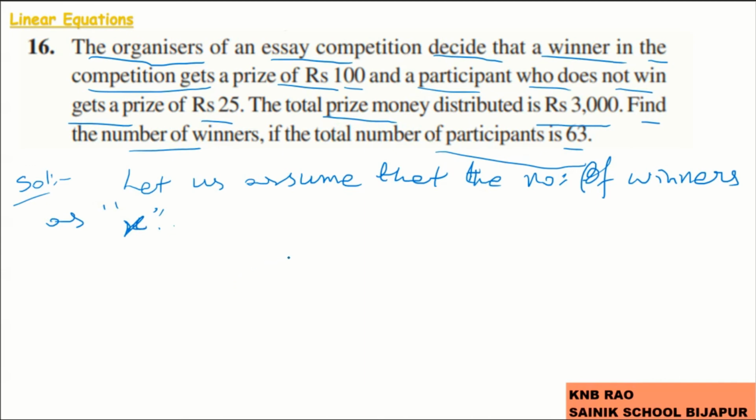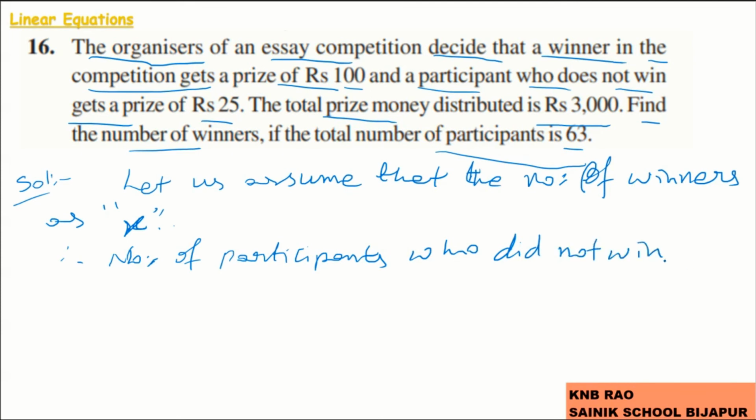So if I assume that the total number of winners as x, then the number of participants who did not win, that I can say now.